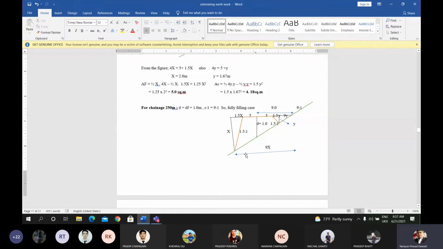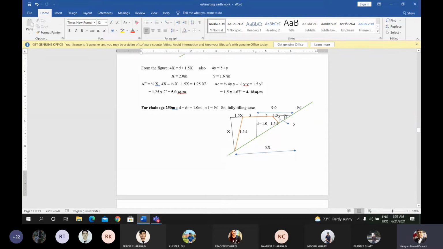And for this x, for the slope of 1.5:1, this horizontal distance will be 1.5x.